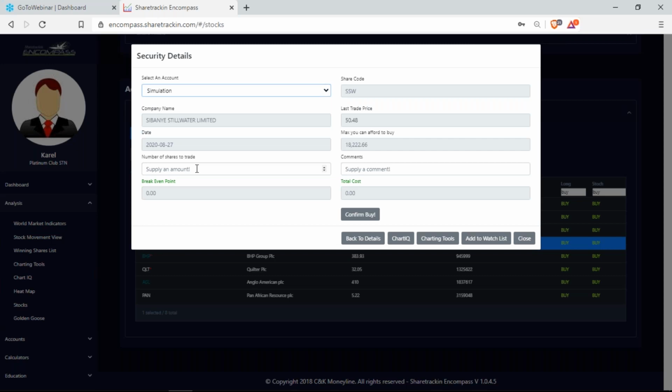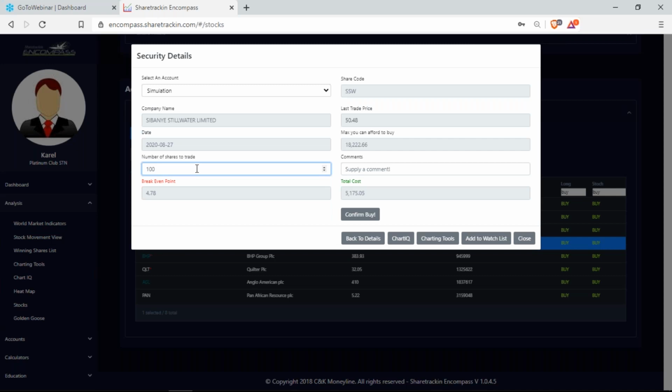Let's type in 10 shares. I would see that my break-even point is at 45.58%. In other words, this share must grow by 45.58% before I am going to see a profit in that share.